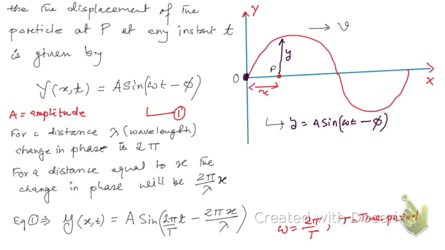Okay, so now let me copy this last step and let me take a new slide. So here is the last step. From here, we're going to take the 2 pi by lambda common.